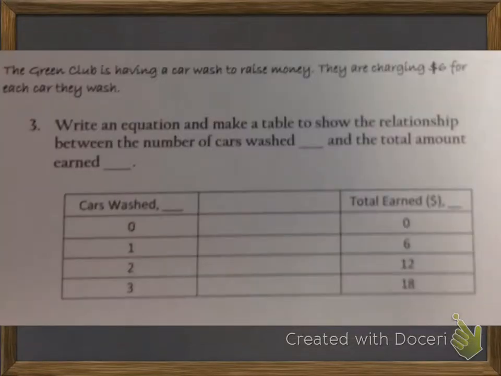Let's try this again. The Green Club is having a car wash to raise money. They are charging $6 for each car they wash. Write an equation and make a table to show the relationship between the number of cars washed and the total amount earned. So if we're doing cars washed, we probably want to represent that with a C, and if we are doing total amount earned, we probably want to represent that with a T. So here in our table, we have a C and we have a T, and we have to find our rule.